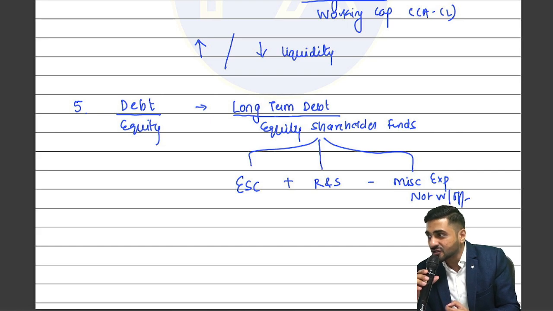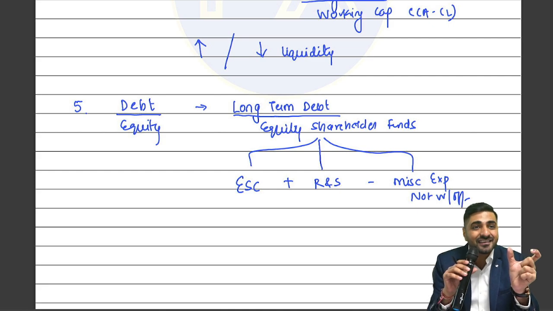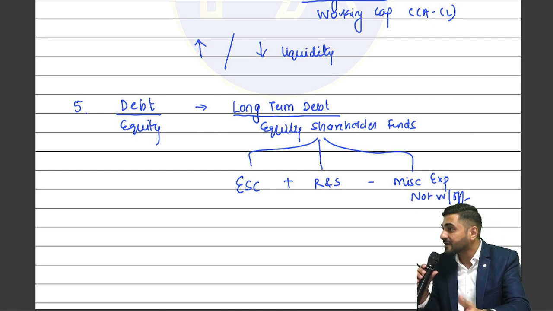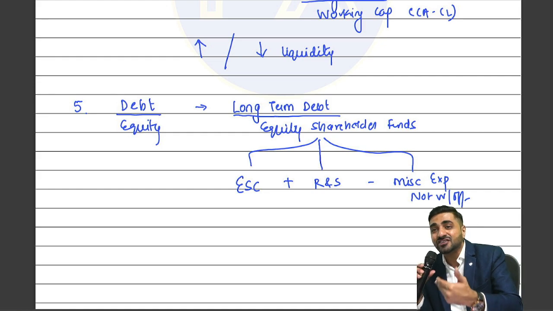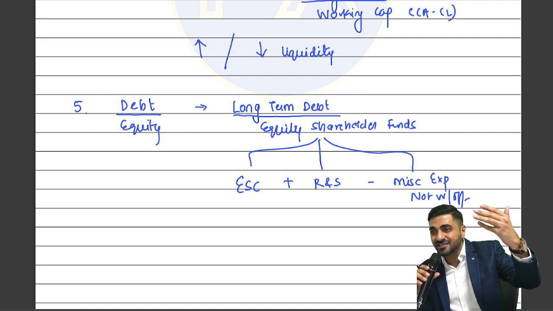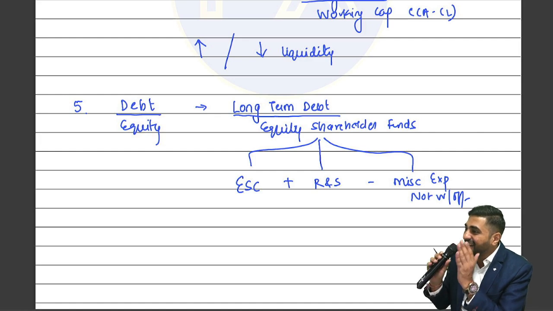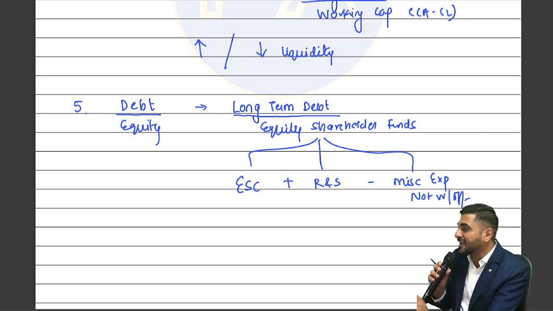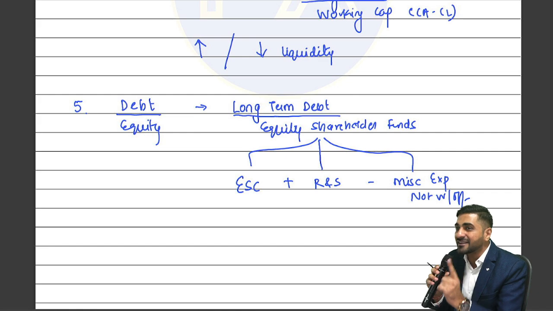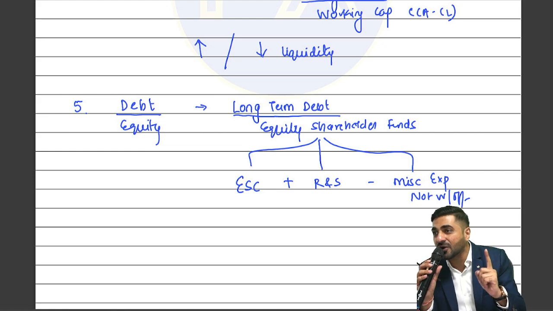One is financial leverage, which we'll be studying in the next chapter. One is financial break-even point, which will come in the capital structure chapter. So there are multiple ways to manage and understand the risk in a particular company. And one of the ways, can I say, is with the help of a debt equity ratio? Come on, yes or no?